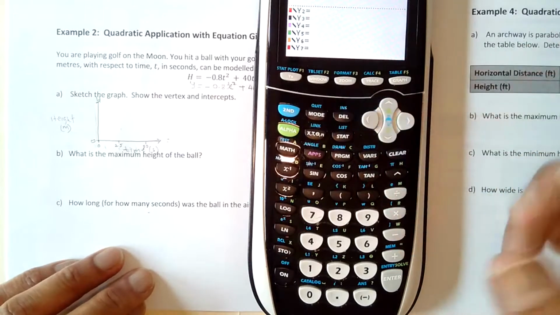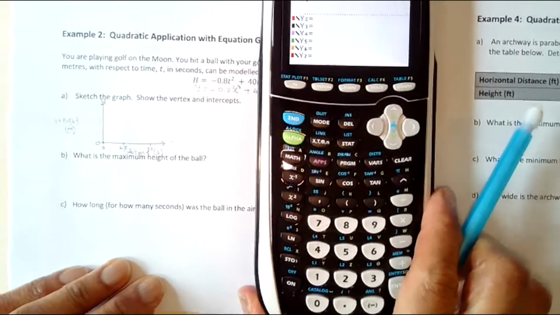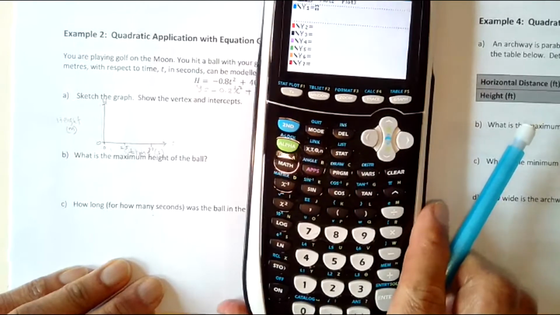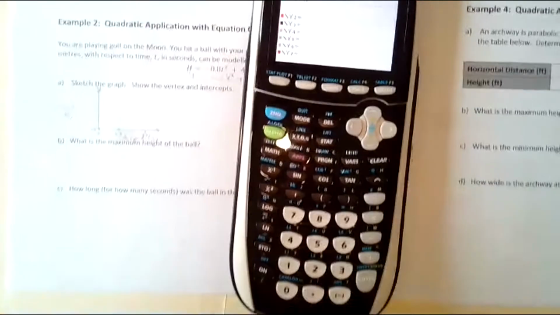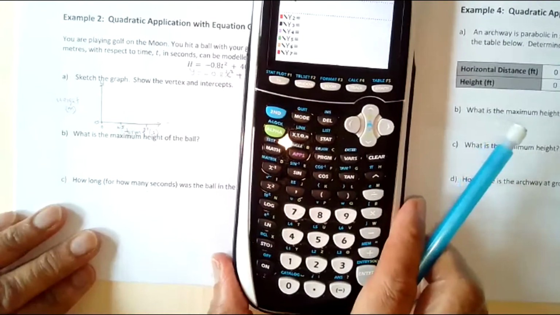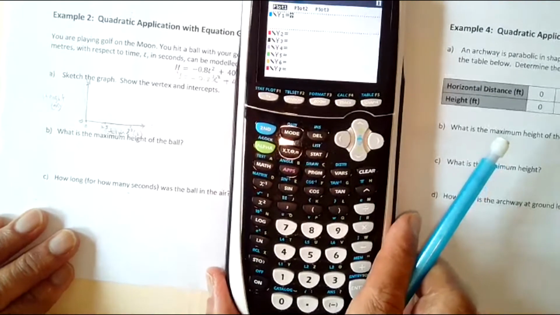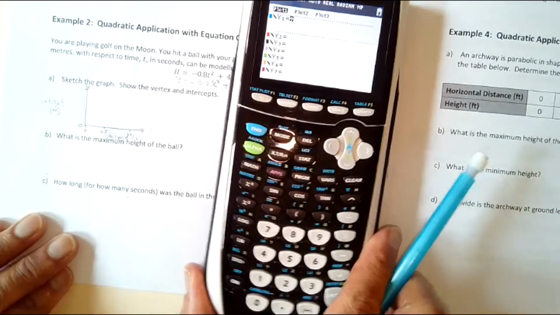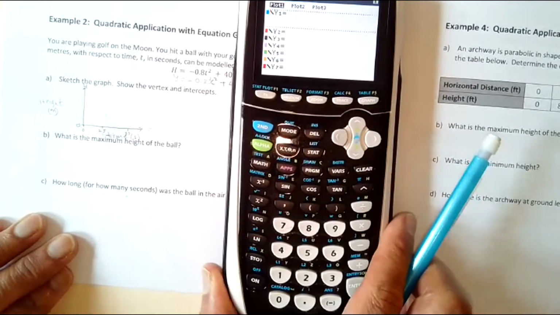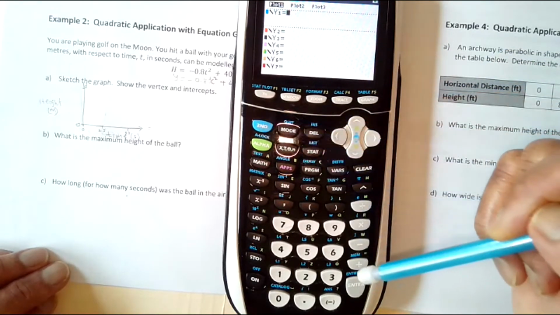So I'll reset my calculator because I have some data from before, and it may disrupt some of my calculations. So to reset your calculator, second and plus sign.